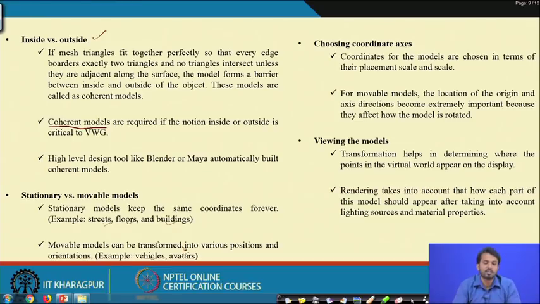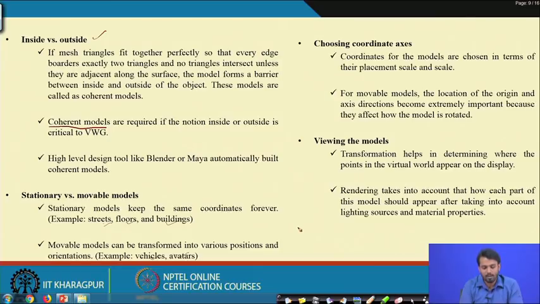Stationary and movable models can be achieved with the help of three kinds of treatments. First is tracking devices. If you are using tracking devices, they can track the movement of your different 3D models. Similarly, if you are giving user input, that means using controller devices to move a particular 3D model, then movability can be achieved.